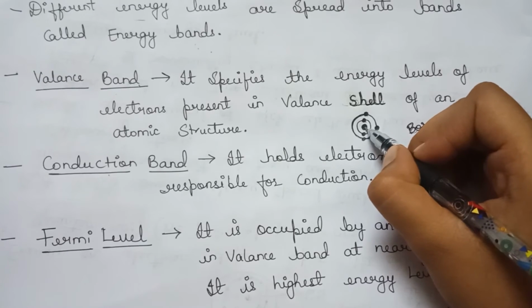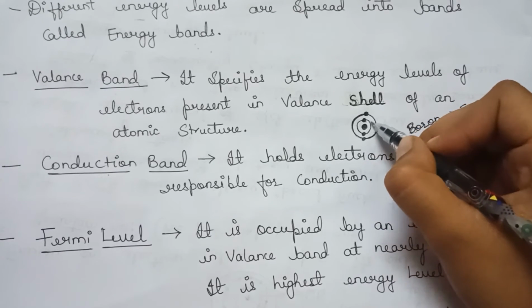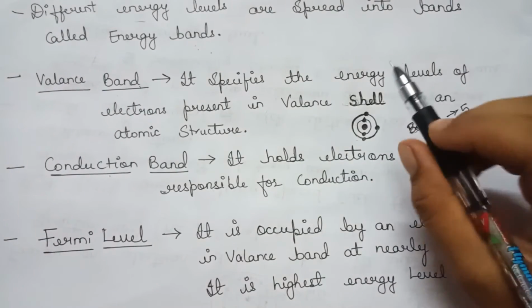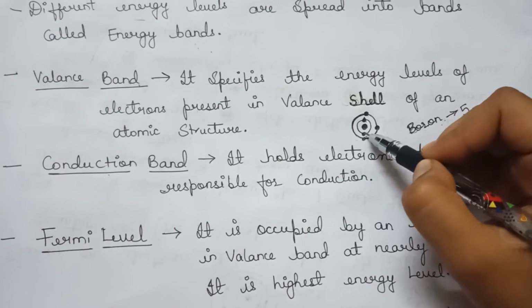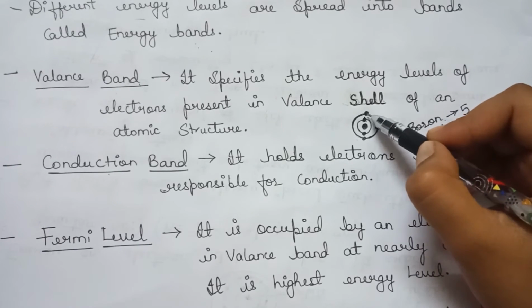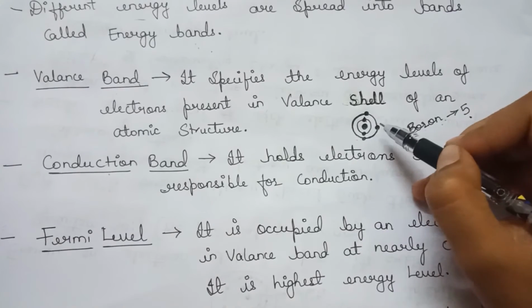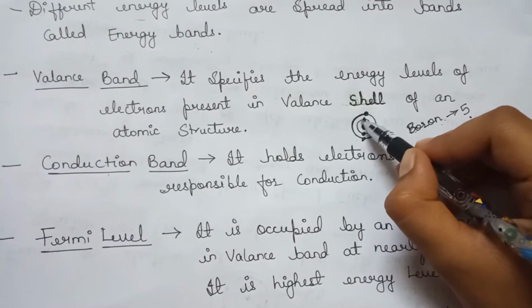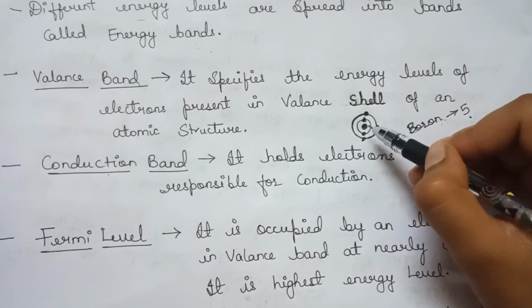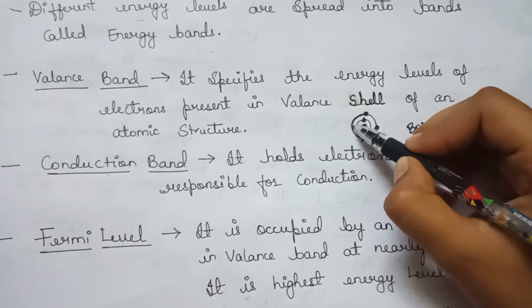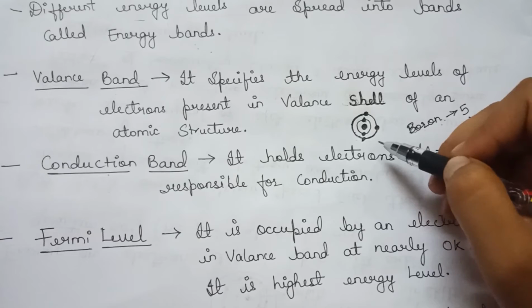In the center there is the nucleus, and this is the first orbit and this is the second orbit. Since its atomic number is 5, in the first shell we can place 2 electrons, and in the next shell we place the remaining electrons, that is 5 minus 2, which is 3. So 3 electrons are placed here. The capacity of the next shell is 8 according to the formula 2n square, so there are still 5 electron spaces left here.